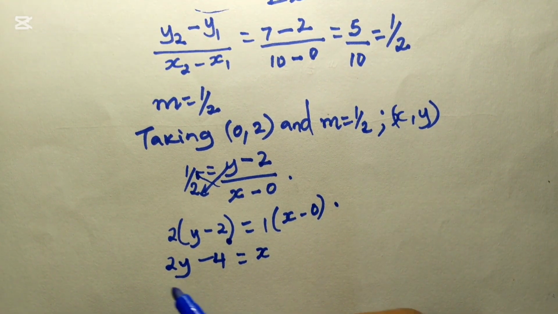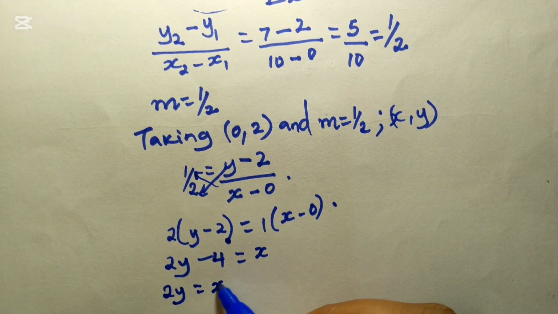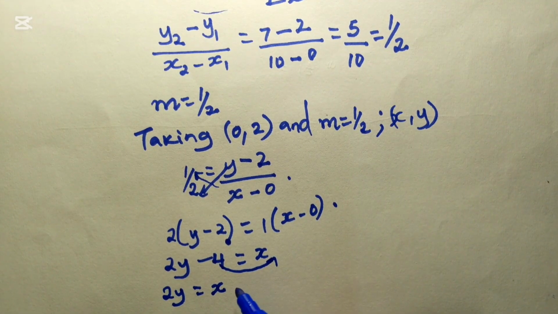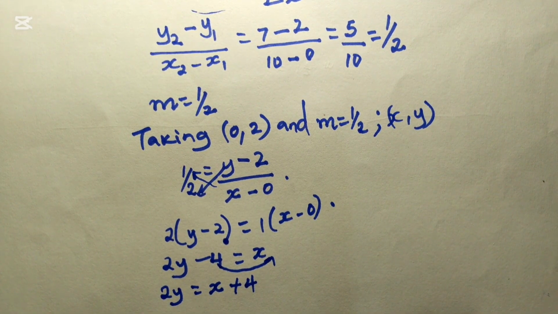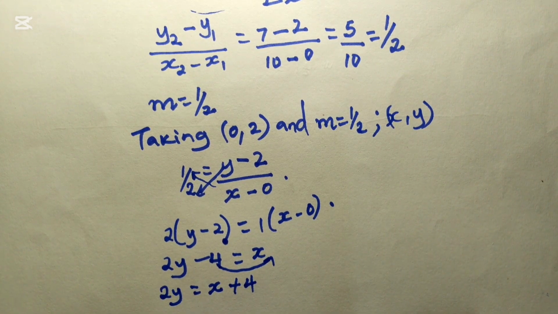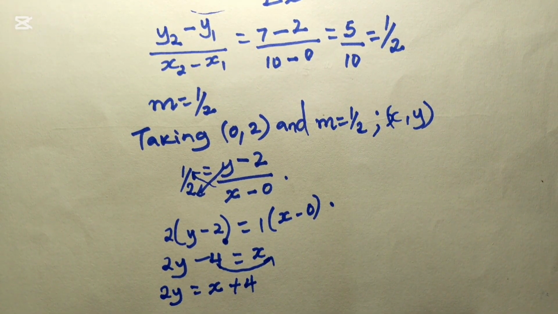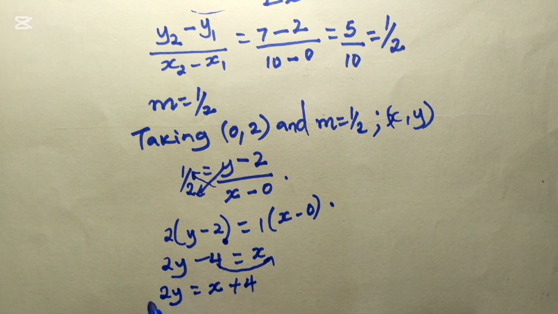Therefore 2y is equal to x, then taking negative 4 to that side becomes positive 4. That is the equation of that straight line: 2y equals x plus 4. Because we are not given any condition on which form to give the equation in, we can leave it at that point.